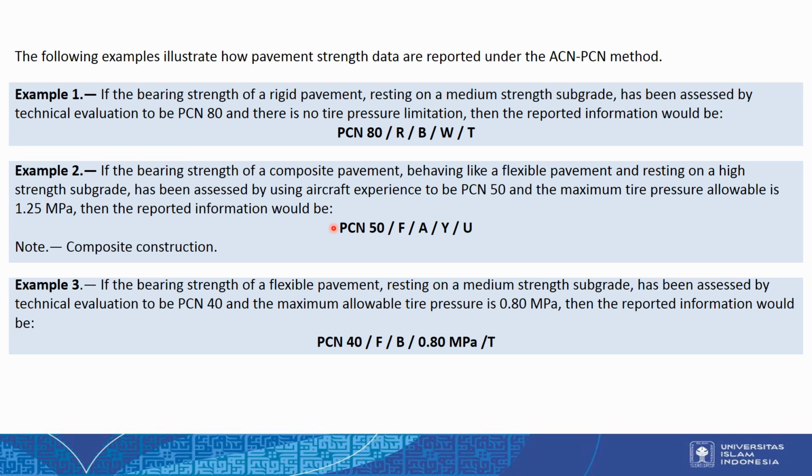And then the next example is, if the bearing strength of a flexible pavement resting on a medium strength subgrade has been assessed by technical evaluation to be PCN 40, and the maximum allowable tire pressure is 0.8 MPa, then the reported information will be PCN 40 from here.